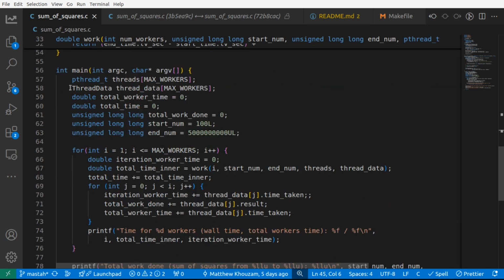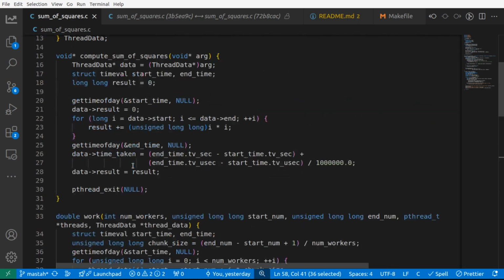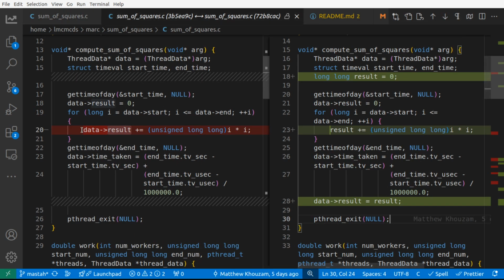Because all those structures, even though each thread has its own, are defined together in an array, they will be really close to each other in memory, which means that they are likely to share a cache line, meaning that there is a good chance that every time one of the threads updates its result in that loop, it will invalidate that cache line. I don't know whether when we have 8 threads they all share the same line.